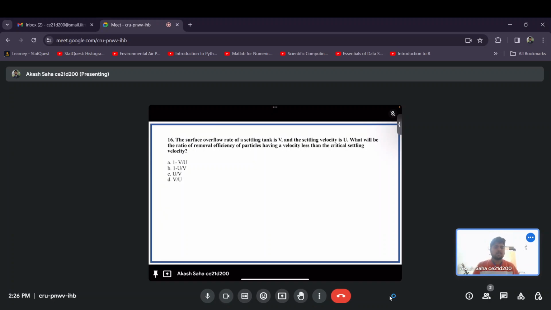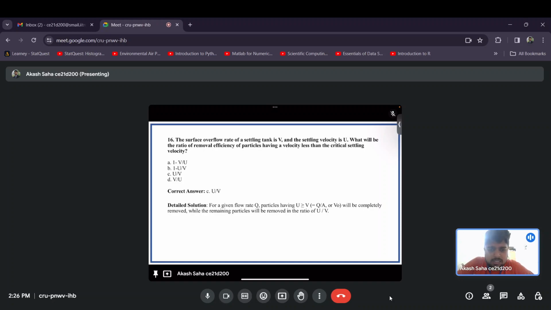How much will it be? It will be equal to U by V. For a given flow rate, if the particles have U greater than or equal to V, then they will be removed completely. But for the remaining particles, they will be removed with the ratio of U by V.